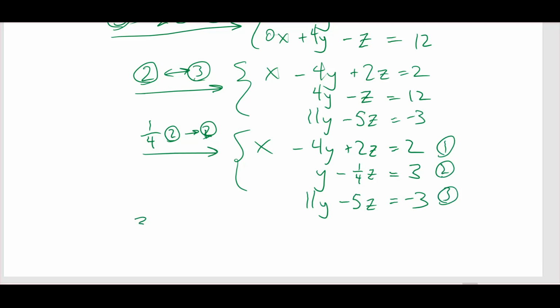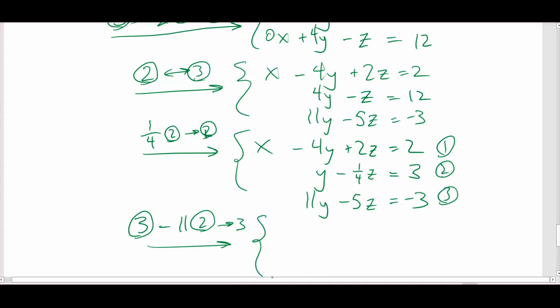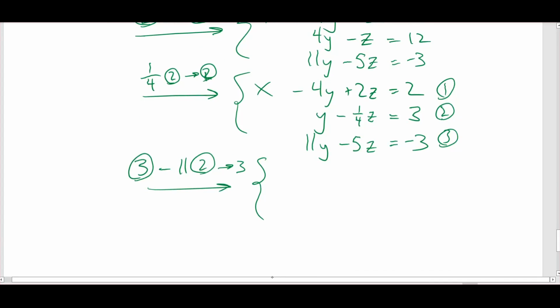I can take row 3 and subtract off 11 times row 2. Put that in place of row 3. Okay, so our first row isn't changing, it hasn't changed for a while, and that's okay. Our second row, that's not going to change either because we've got a 1 in that position, just like we have a 1 in the position with the x in the first one. Okay.